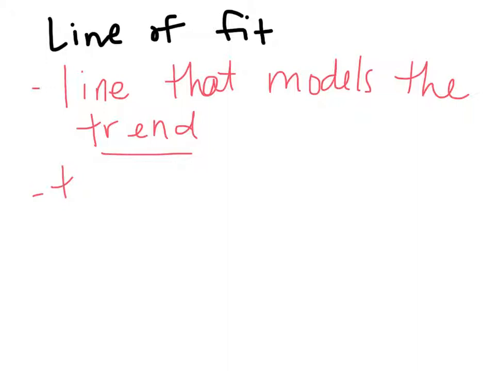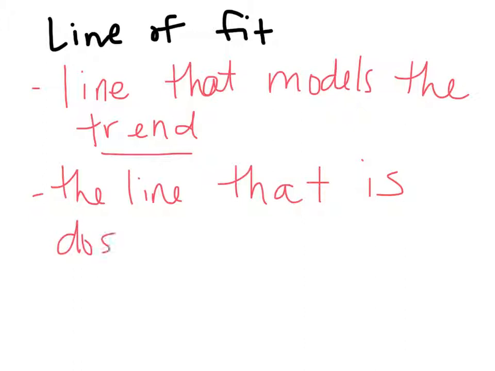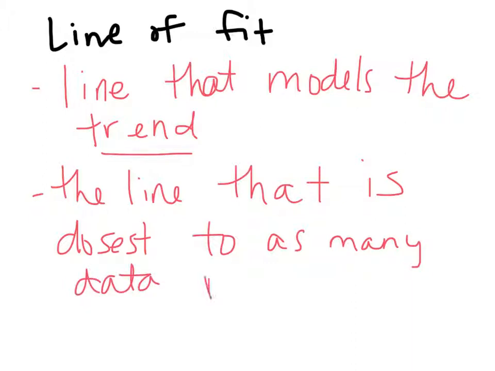And it is the line that is closest to as many data points as possible. So we're just trying to draw a line that kind of makes sense between those dots. What would our line of fit be?